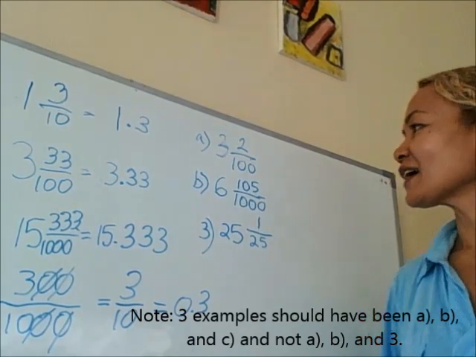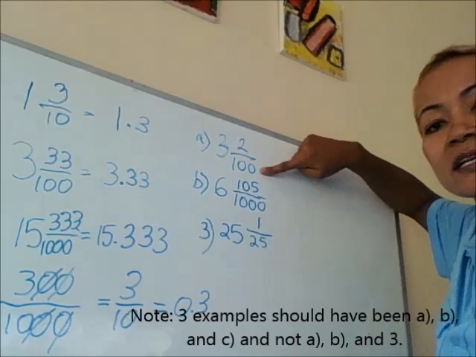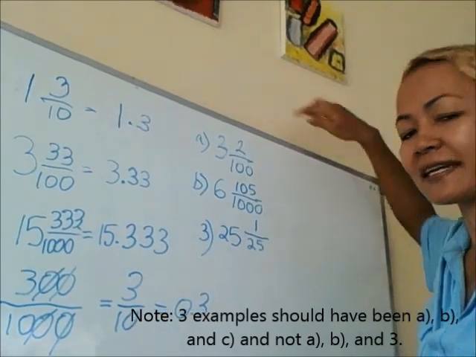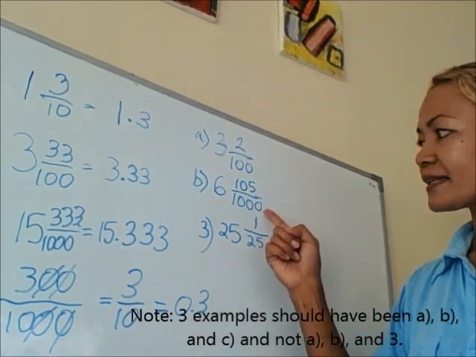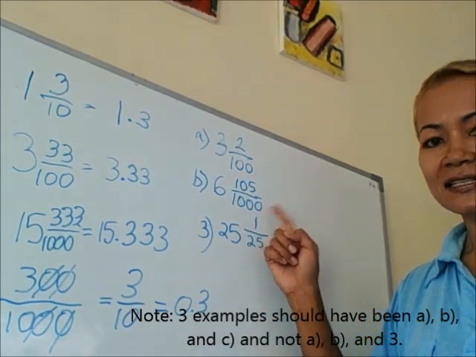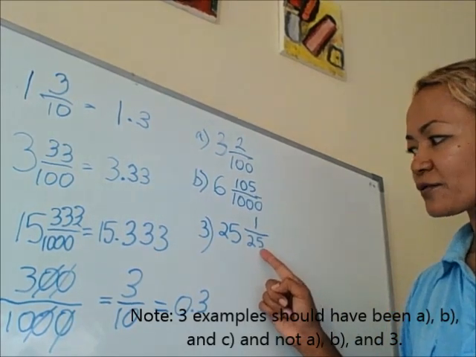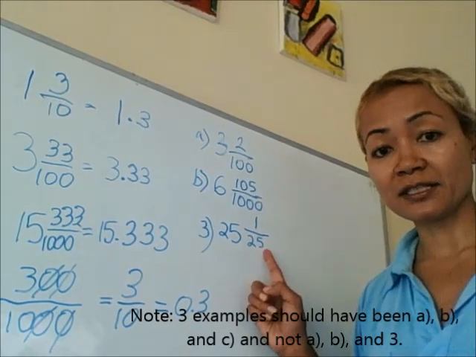How's that? Okay, so the first 2 are fairly straightforward because the denominator is already 10 or a multiple of 10. The second one, same case. The third one, we'd have to convert this 25 into a multiple of 10.